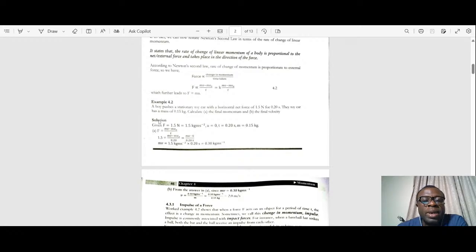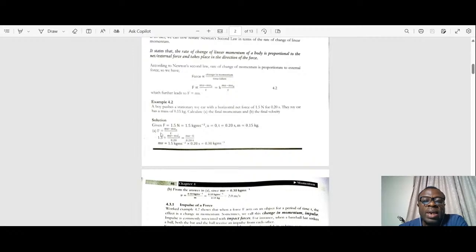Looking at these parameters, we have force given as 1.5 Newton, U, the initial velocity, stationary, means U is 0, and T is this, while the mass is given as 0.15.